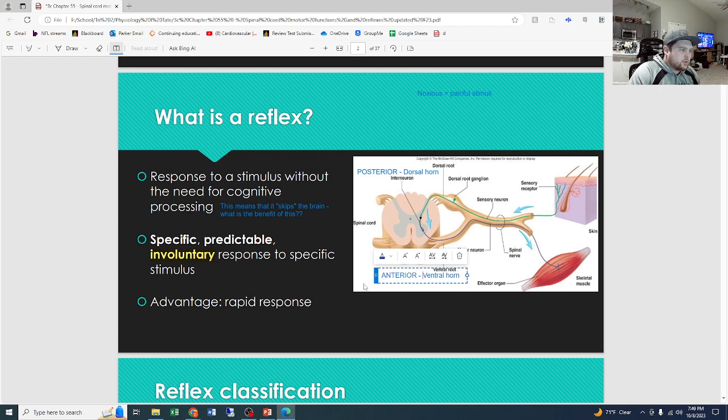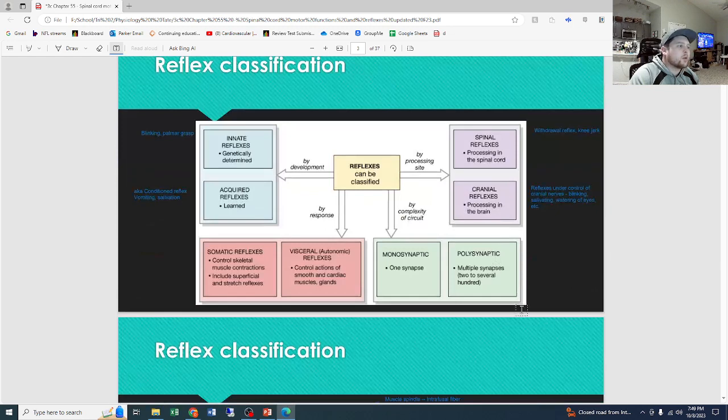We can go back to the skeletal muscle. And this sensory receptor can be within the muscle itself, or it can be in the skin or another place. And we'll talk about when there's an interneuron versus when there's not an interneuron.